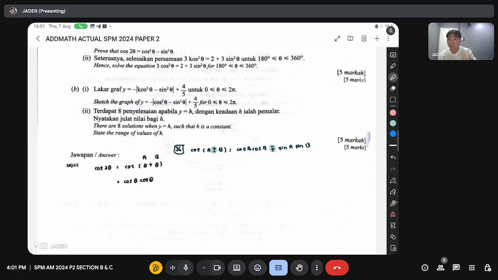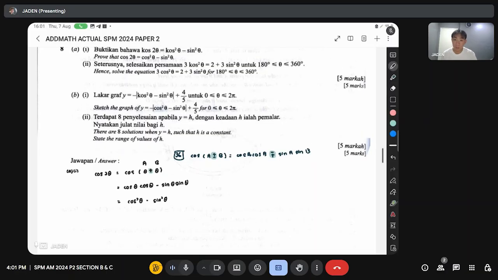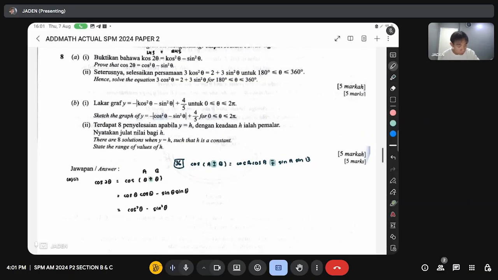So the sign here will be another way. So if this is positive, then this is going to be negative here once I convert. So sine theta. And the next thing is cos theta times cos theta will give you cos square theta and sine square theta respectively.